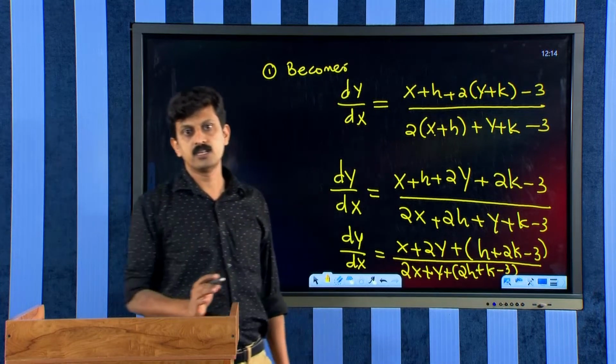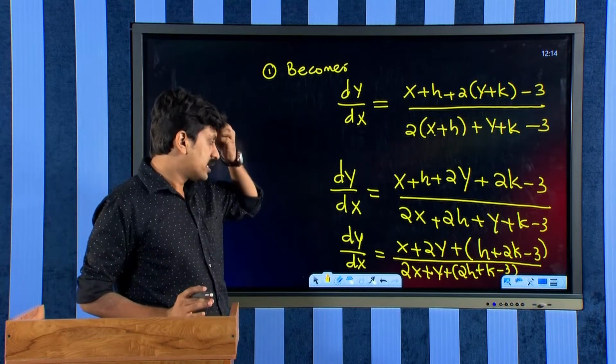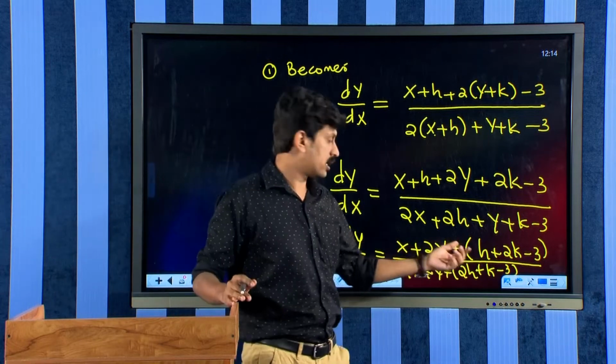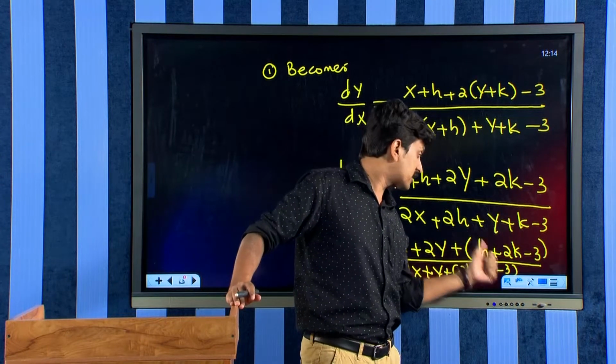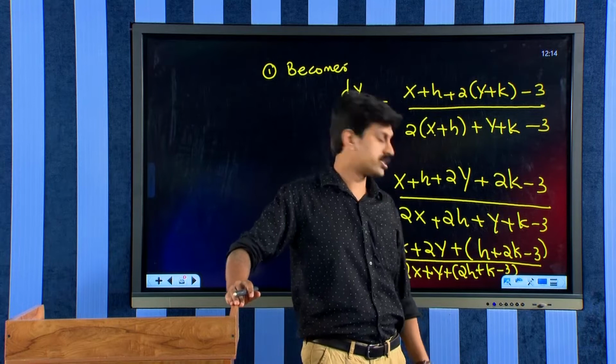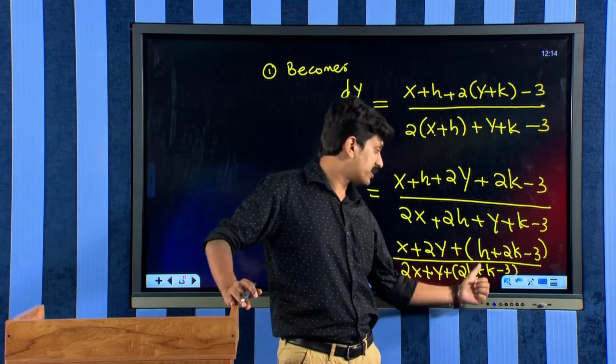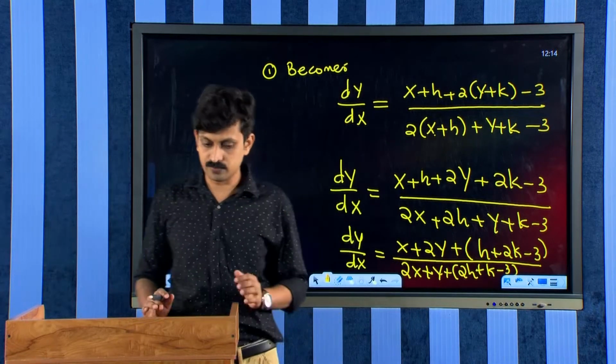In the numerator and denominator we have X plus 2Y plus some constant terms, and 2X plus Y plus some constant terms. Our thought is that h plus 2k minus 3 is equal to 0, as well as 2h plus k minus 3 is equal to 0.